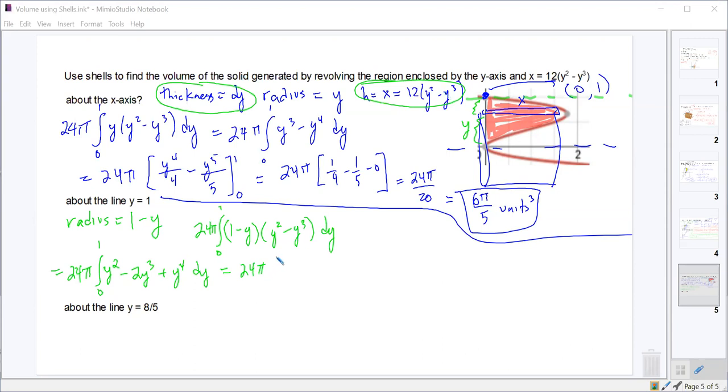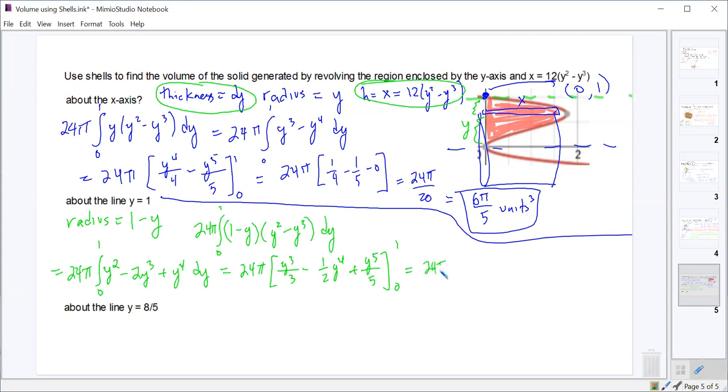And what does that give us? y cubed over 3 minus 1/2 y to the 4th plus y to the 5th over 5 from 0 to 1. And when we plug in the 1 and the 0, what do we get?